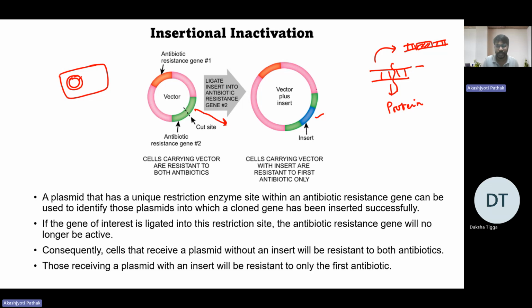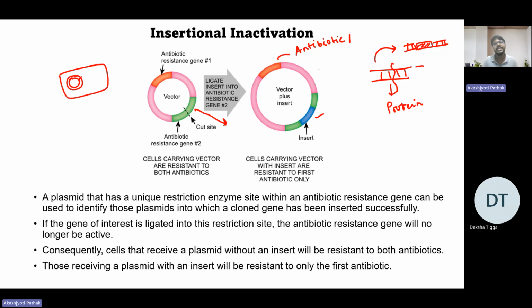But those bacteria which have this plasmid can only grow in media which is supplemented with antibiotic 1. Okay, but it will not grow in media supplemented with antibiotic 2.